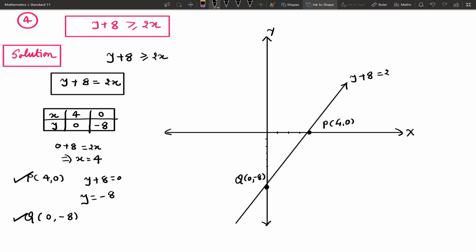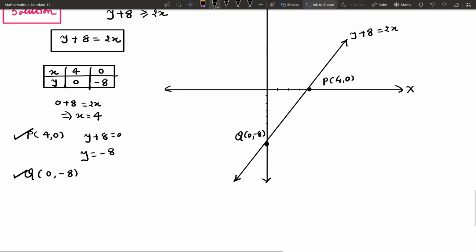Now let us verify whether the origin 0 comma 0 satisfies the inequality or not. So y plus 8 greater than or equal to 2x, put y equal to 0, x equal to 0.